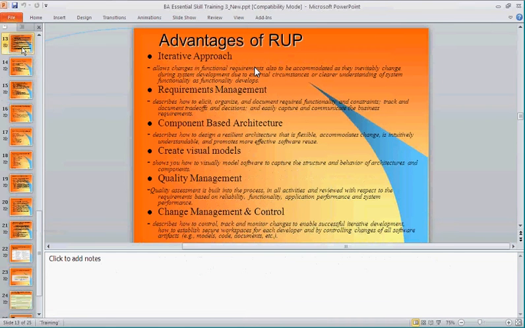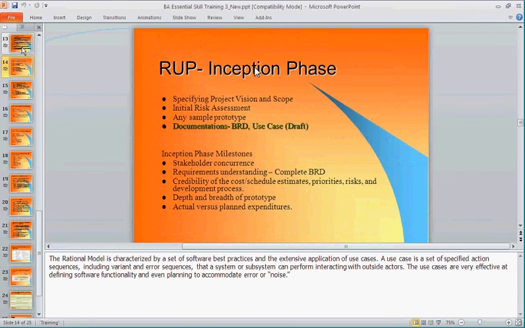Or if the business analyst does not know how to manage their requirements or create visual models, or the project manager does not know how to properly manage change, do you think it will work? No. Okay? So these are some of the big disadvantages as well.